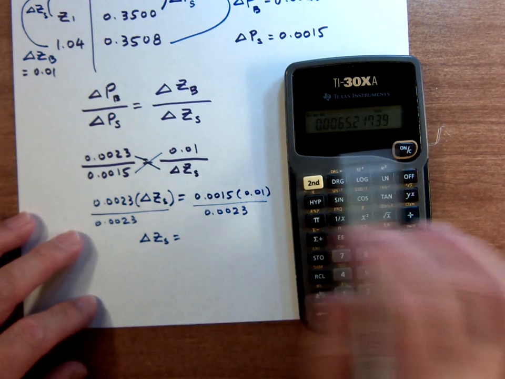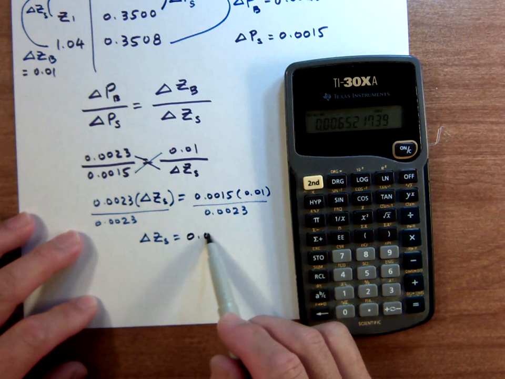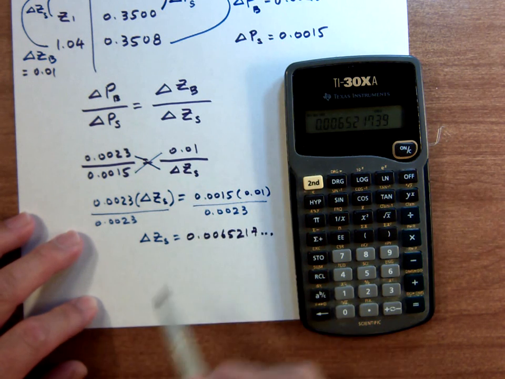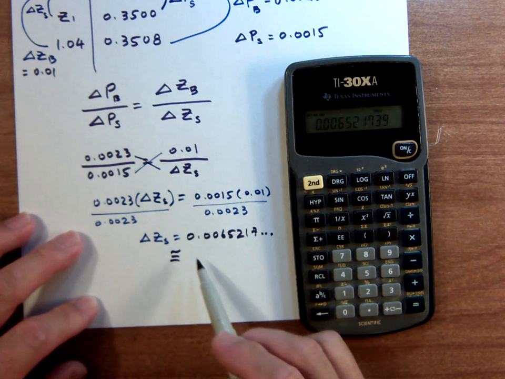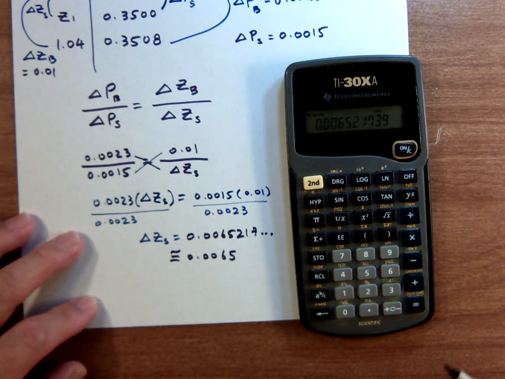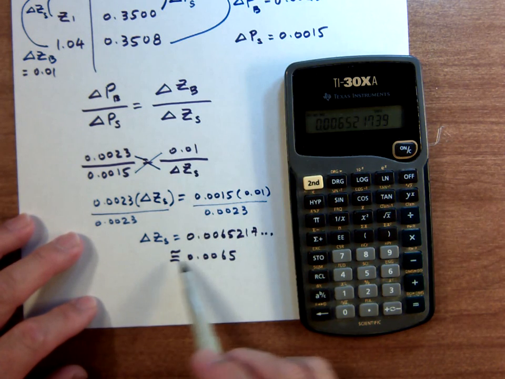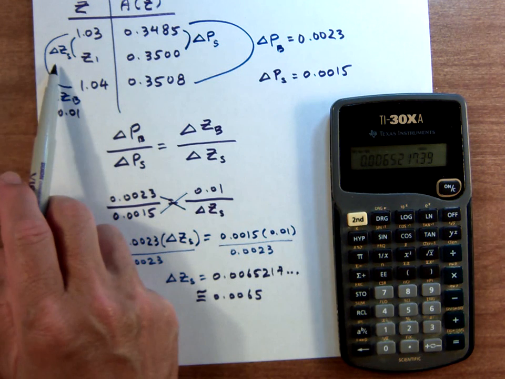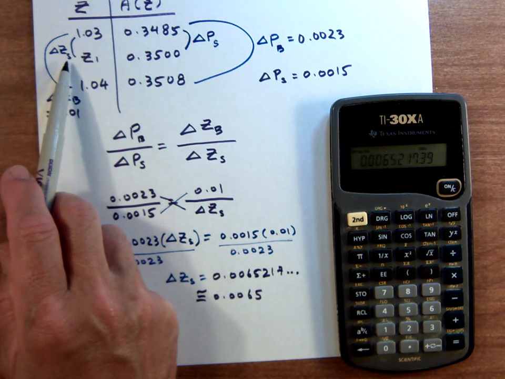We don't need all that decimal. Let me just write a few. I'm going to round that off to 4 decimal places. That's not our final answer. That's only our change in z, the small change.